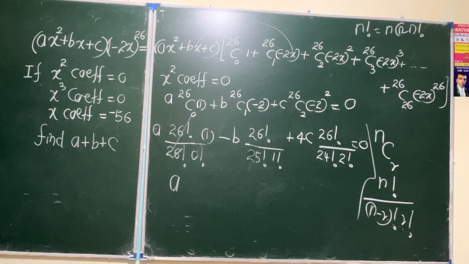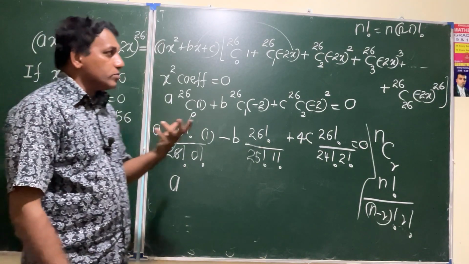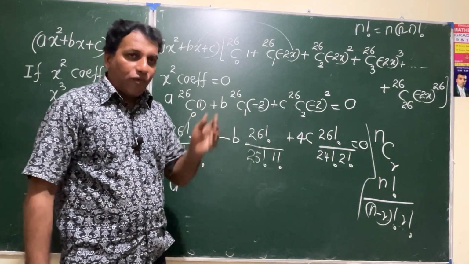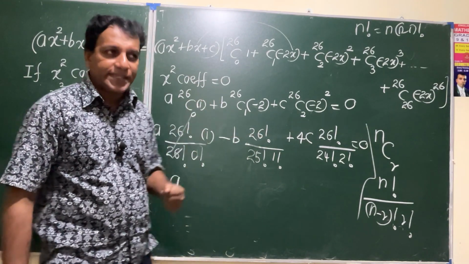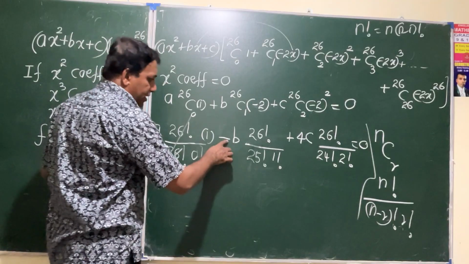Factorial 10 is how? Factorial 10 is equal to what? 10 into 9 into 8 into 7 and so on. Otherwise, that is 10 into factorial 9, or 10 into 9 into factorial 8.